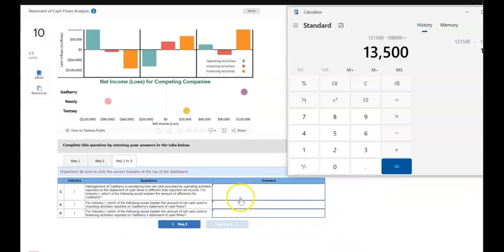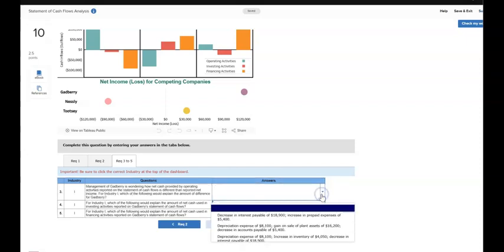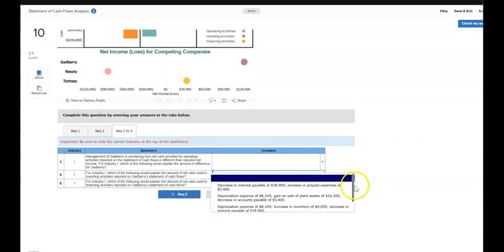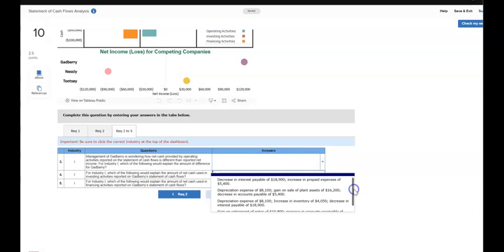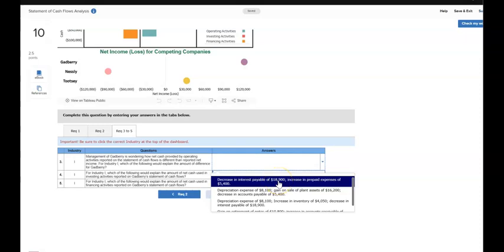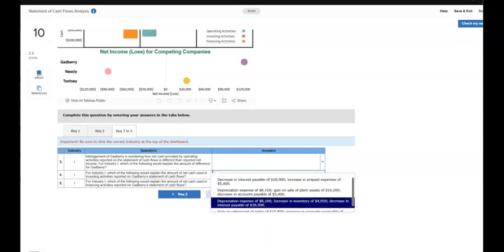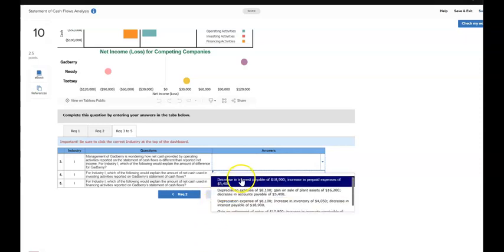So what you need to do is look at the combinations here and look for things that would end up with a minus $13,500, right? If we look at this first one, decrease in interest payable of $18,900, well, we know decreases in a current liability are a subtraction, okay? But we're trying to see things that combine to a negative $13,500. So that's going to be a minus.